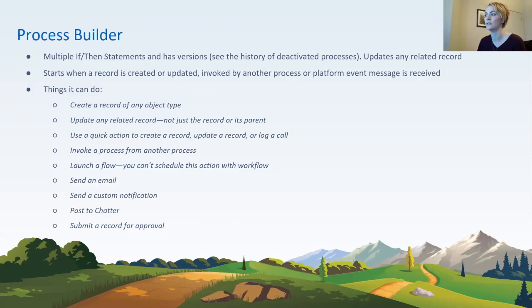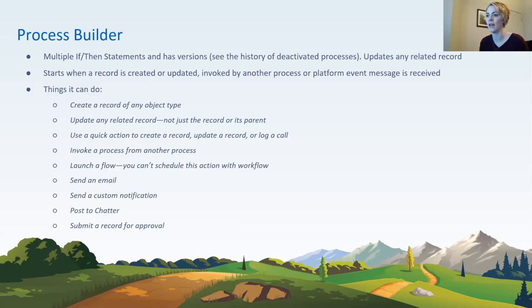With Process Builder, you can update any related record, and it starts when a record is created or updated, invoked by another process, or a platform event message is received. There's a long list of things Process Builder can do. You can create a record of any type, update any related record, not just the record or its parent.